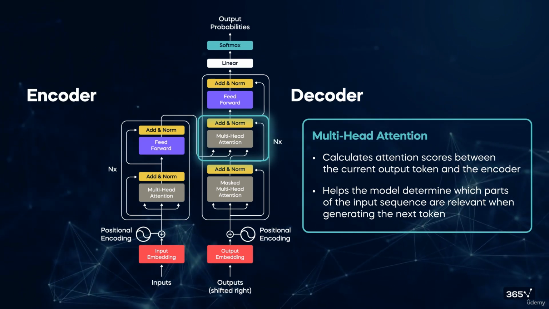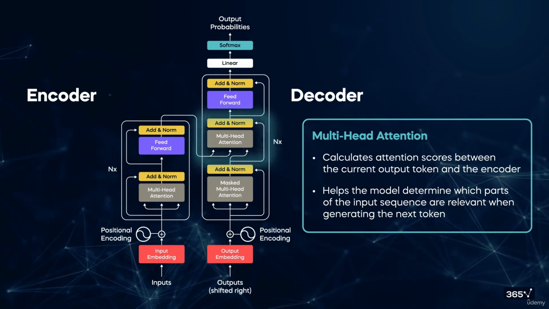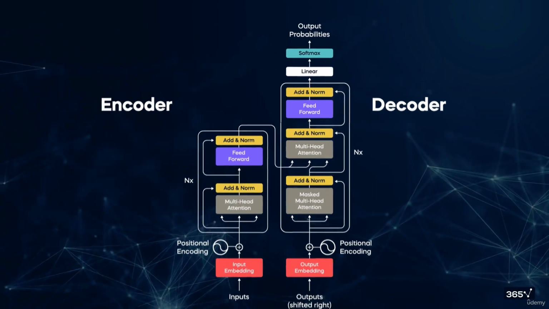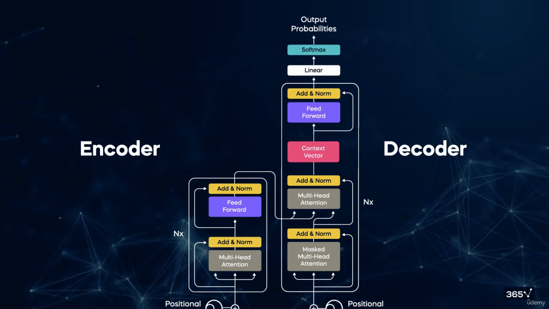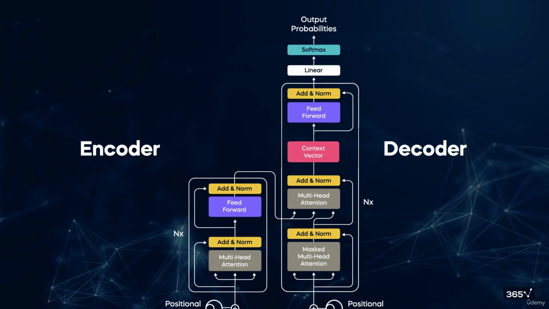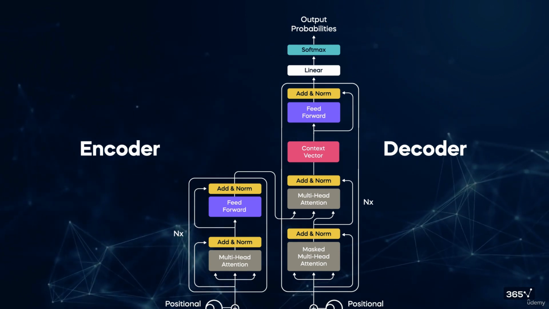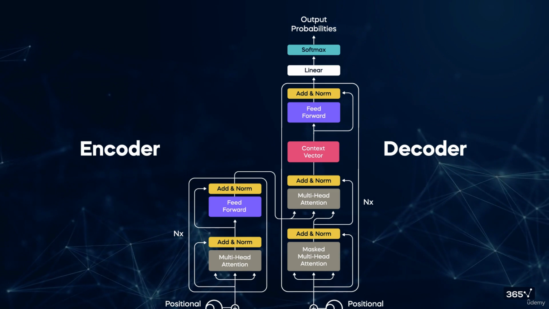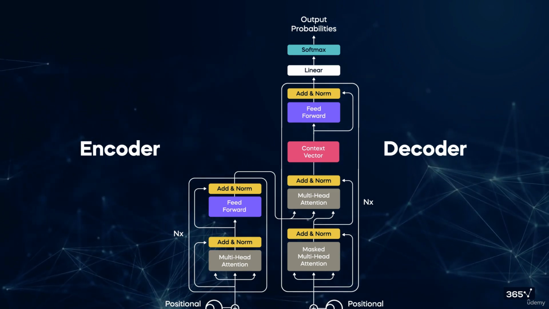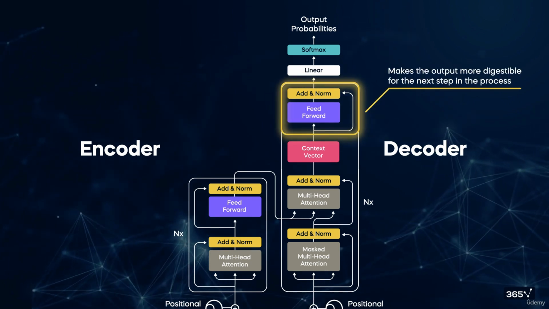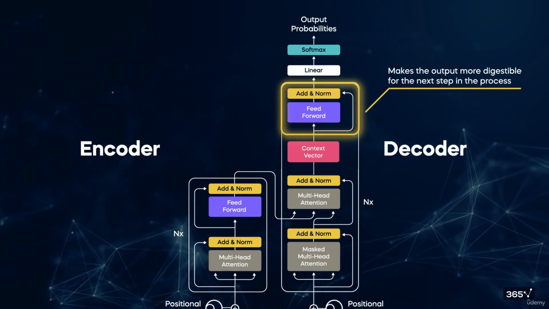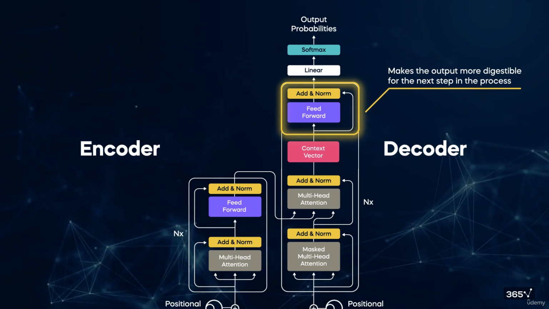The encoder outputs are weighted by these attention scores to create a context vector. This context vector represents the relevant information from the input sequence that should be considered when generating the current output token. The feed-forward layer again just makes the output more digestible for the next step in the process.